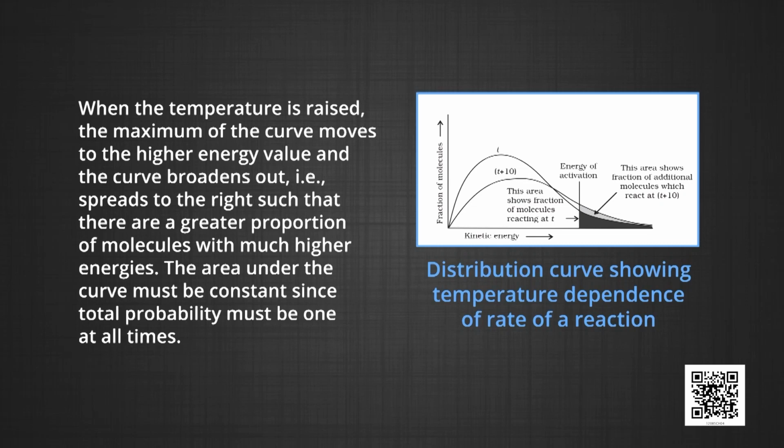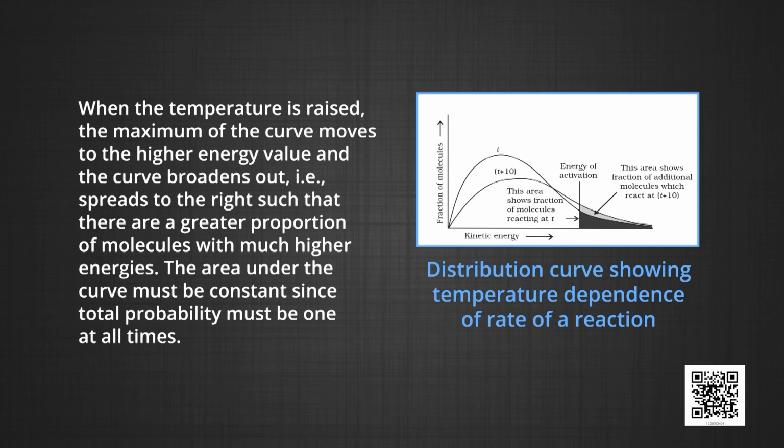Now, again you can see a distribution curve showing temperature dependence of rate of reaction. When the temperature is raised, the maximum of the curve moves to the higher energy value, where the curve broadens out, that is, spreads to the right, such that there is a greater proportion of molecules with much higher energies.